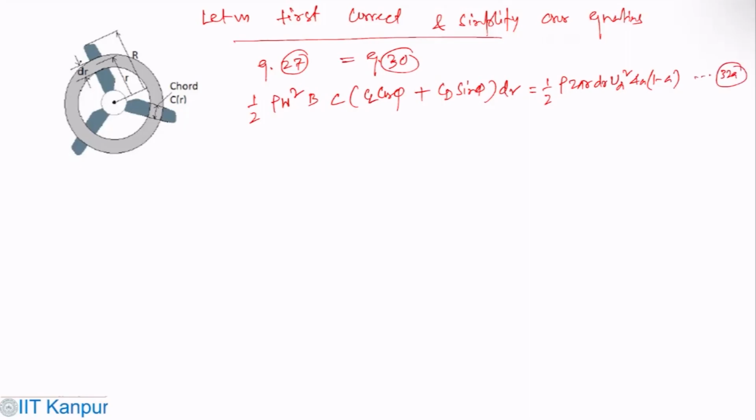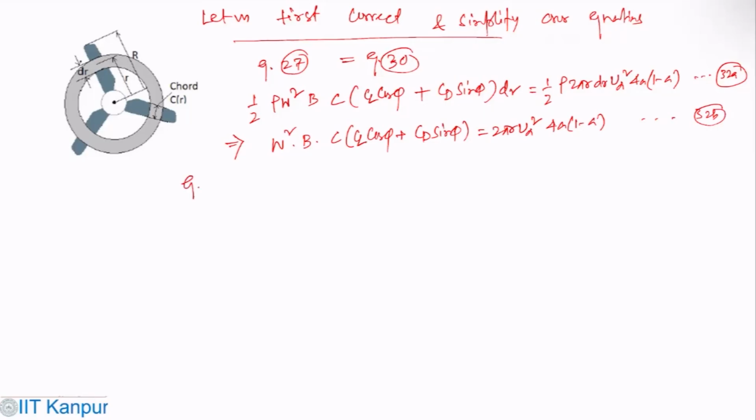So this is 32a. So from here what we get, W square into B C into CL cos phi plus CD sin phi equals 2 pi r u infinity square 4a 1 minus a.